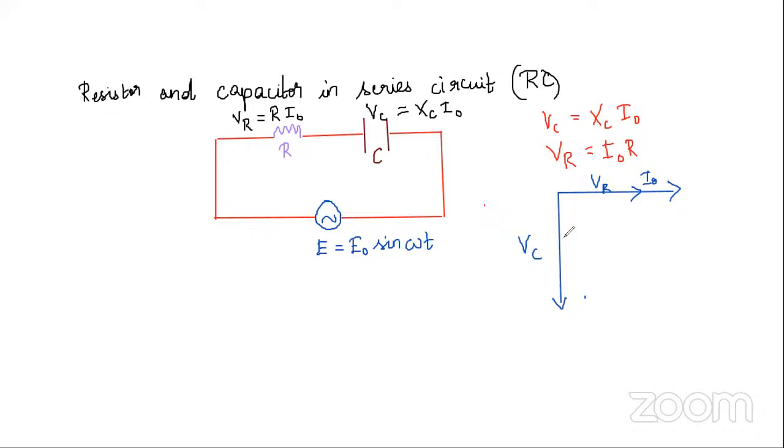The resultant can be shown like this. This is the phasor diagram, and this is the resultant.